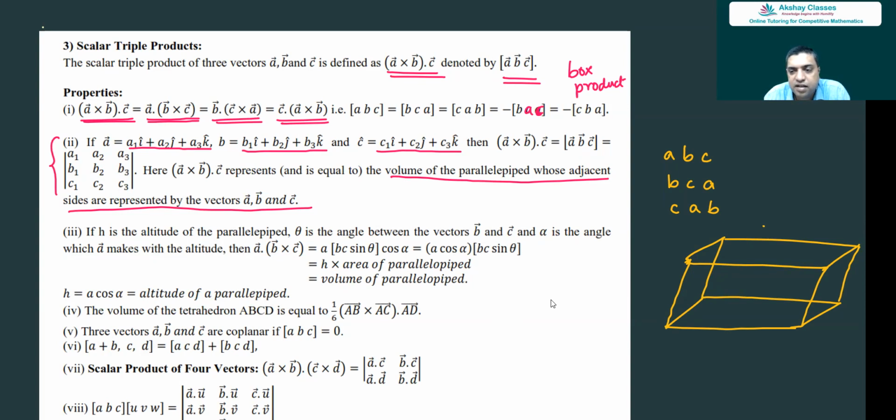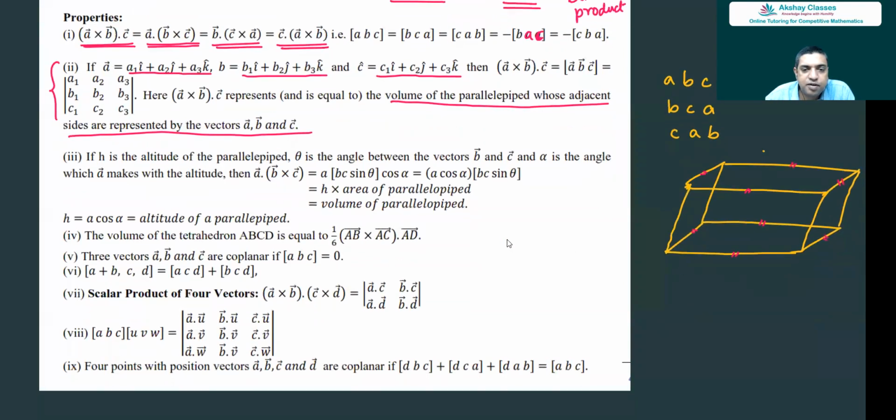All sides can be inclined, but the opposite faces are parallel, which means the four edges containing the opposite faces are parallel. So it's a parallelepiped, and we want the volume of the parallelepiped.